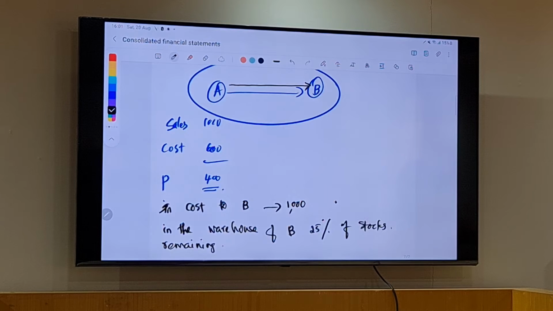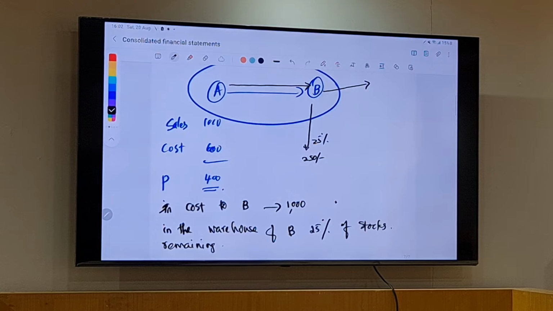How much is remaining? 25% is remaining, meaning 75% of the stocks has gone out. Correct? They have sold 75%, and 25% is remaining. Now 25% of the cost to B is how much? 250.